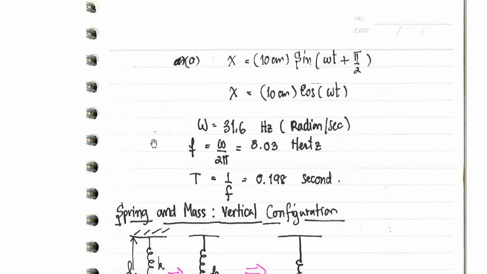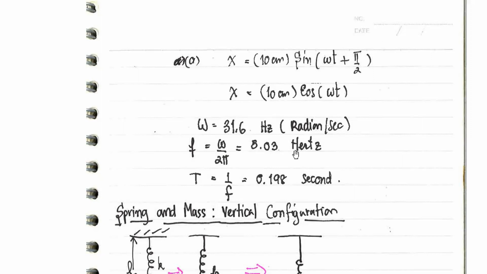We have a relation that omega is 2 pi f, or omega is 2 pi over T. So the frequency is omega divided by 2 pi, 31.6 divided by 2 times 3.1415, which gives you around 5 hertz.